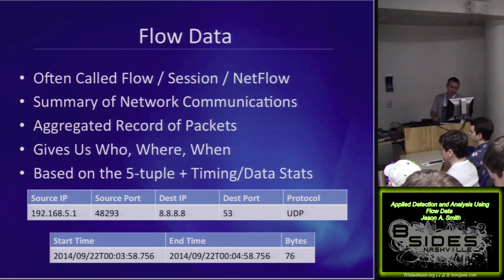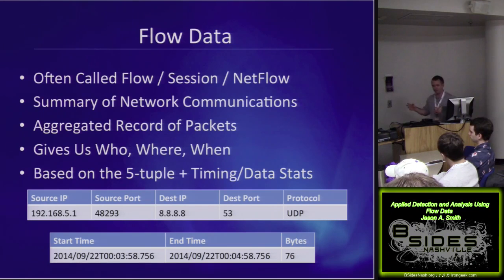What you see here appears to be some DNS traffic. Without going into it, it's unknown, but it's 8.8.8.8 port 53 in UDP. This is the general idea of what a flow record looks like. It's based on a 5-tuple: source IP, destination IP, source port, destination port, and a protocol. You also have a time associated with it, and other solutions will tag on durations and all kinds of different things.